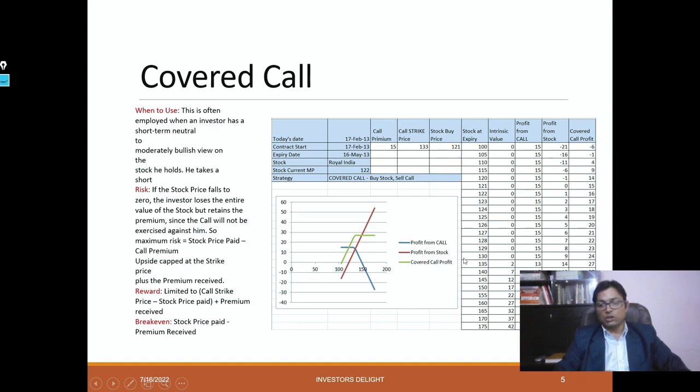In such a scenario, our profit is capped at 27, and otherwise it goes on decreasing up to -6, and it will go even below that if the stock degrades even further. So this is all the scenario that you can see here. We'll see this in more detail when we do some practicals in advanced exercises.